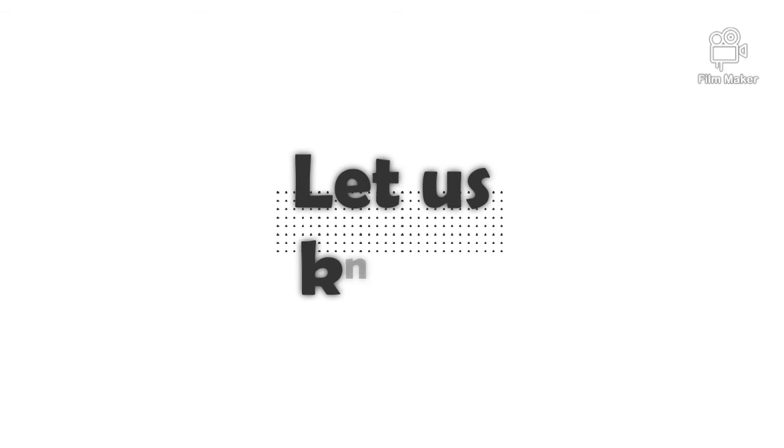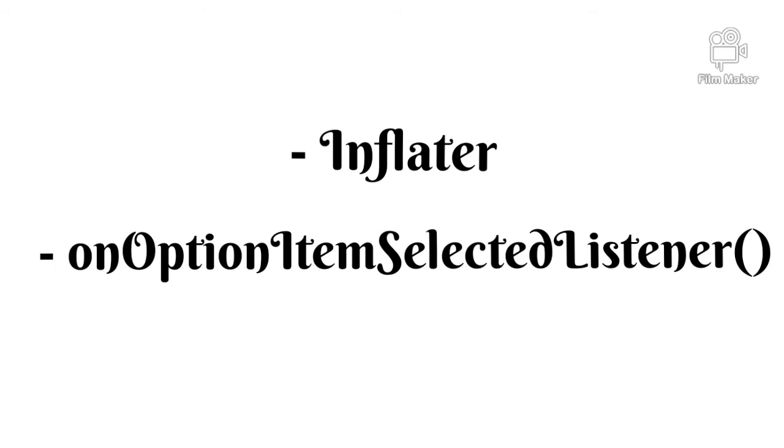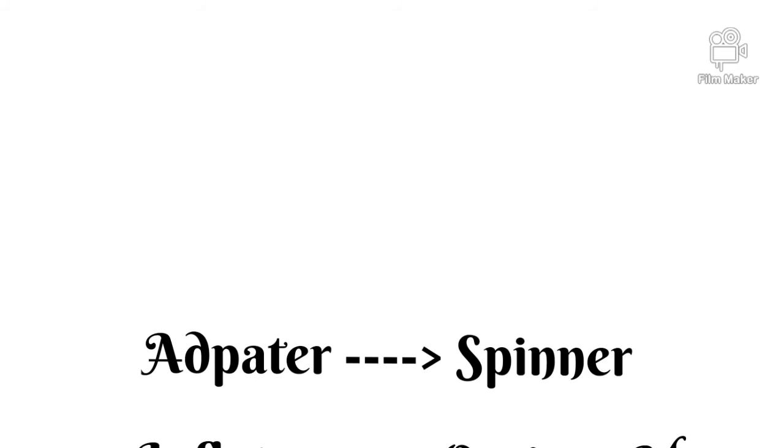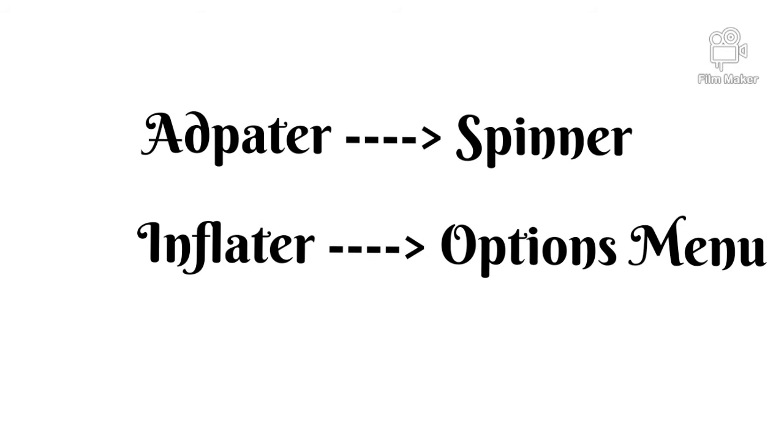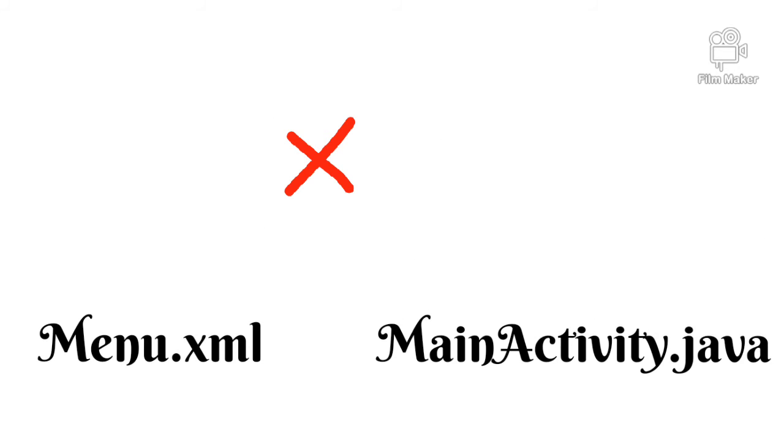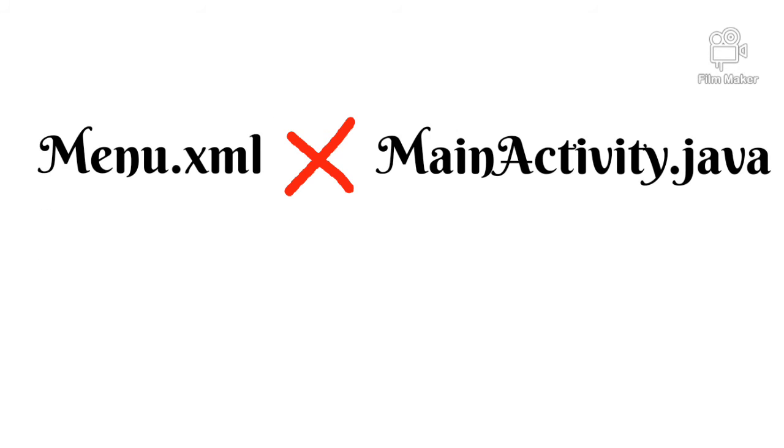Before moving further, let's know something about the inflater and the onOptionsItemSelected method of options menu. As in the previous video, we used an adapter to display our spinner. Now we will use an inflater to display our options menu. Our menu XML file is not located in our layout XML file that it could be directly shown by our main activity, so we need to hire someone.